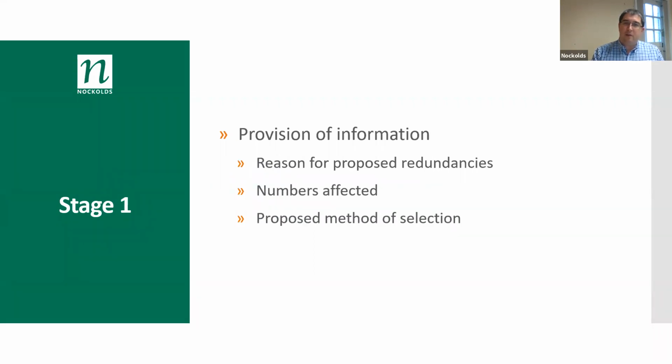Once you've done that, then the first key stage in the consultation process is the provision of information to those representatives. That includes things like the reasons for the redundancies, the number of redundancies you're potentially looking at, what your rationale is behind that, and also your proposed method of selection.